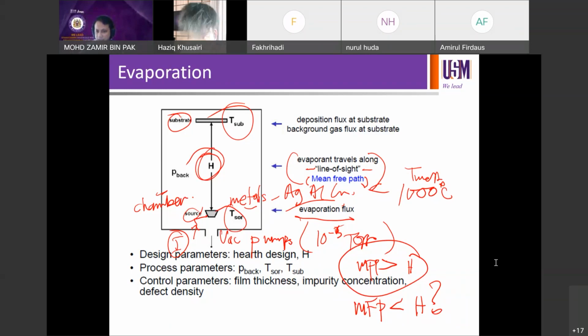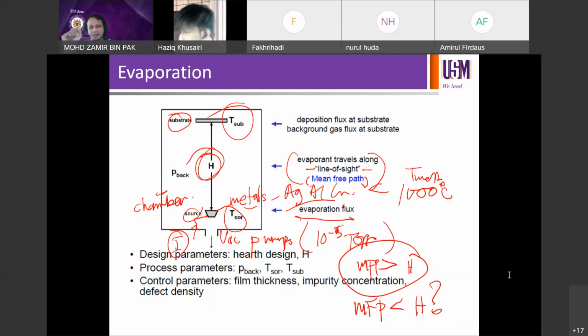But if you said incomplete deposition or slow rate, that can also be true if your MFP is just less than your H. Still less, but then just less. Sikit je, eh? You're talking about like 30 cm for your H and then 29.9 perhaps, or 29.8 for your MFP.